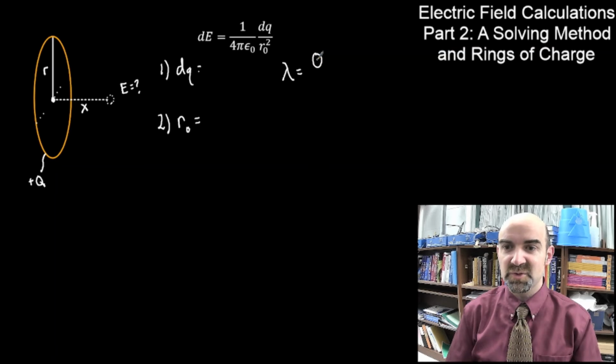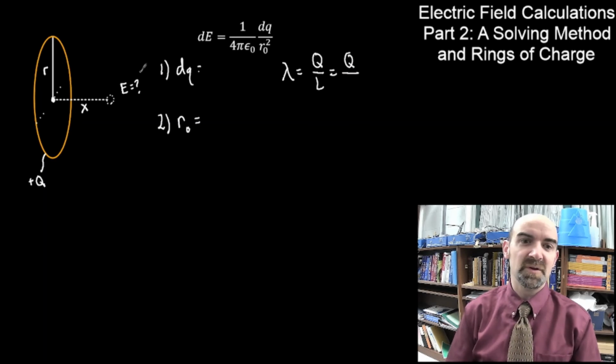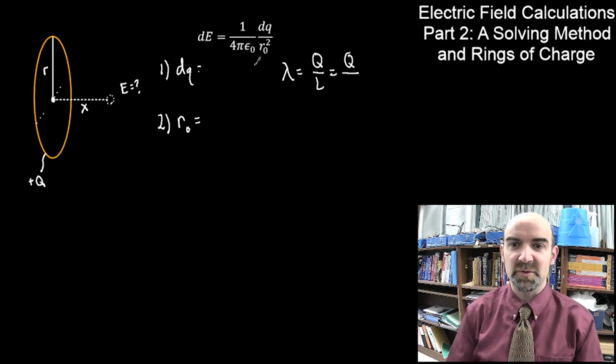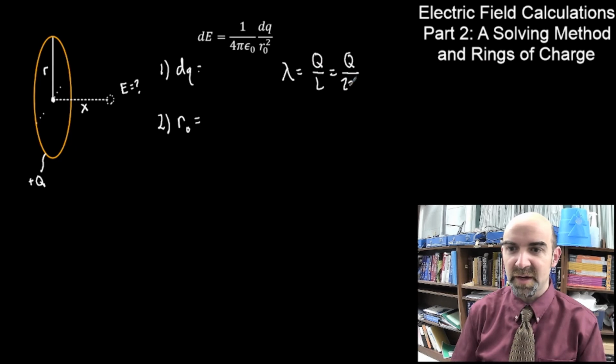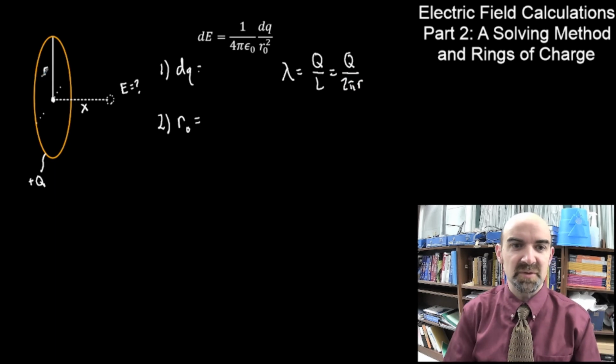There's a charge per unit length happening here. Now in this case, the length is a full circumference of a circle, so we do have a 2 pi little r. I'm using r as the radius here.